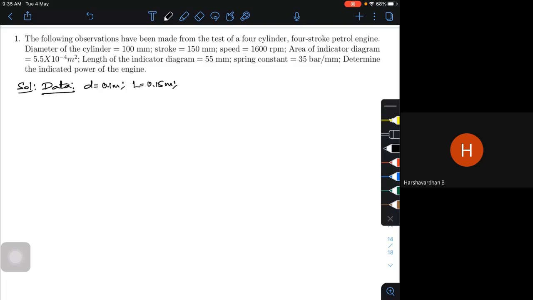Number of cylinders, let me call it K, is 4, and the speed N is 1600 rpm. This being a 4-stroke engine, small n is equal to N by 2, which is 800 rpm.